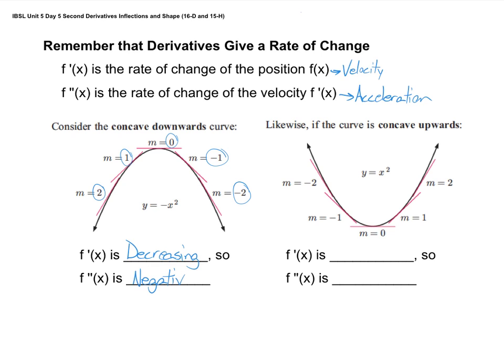If you think about it this way, this is decreasing from 2 to 1 to 0 to -1 to -2. So as that decreases, the rate of change of the velocity is negative. And in fact, if we were to graph this, the slope is +2, then it's 1, then it's -1, then it's -2.